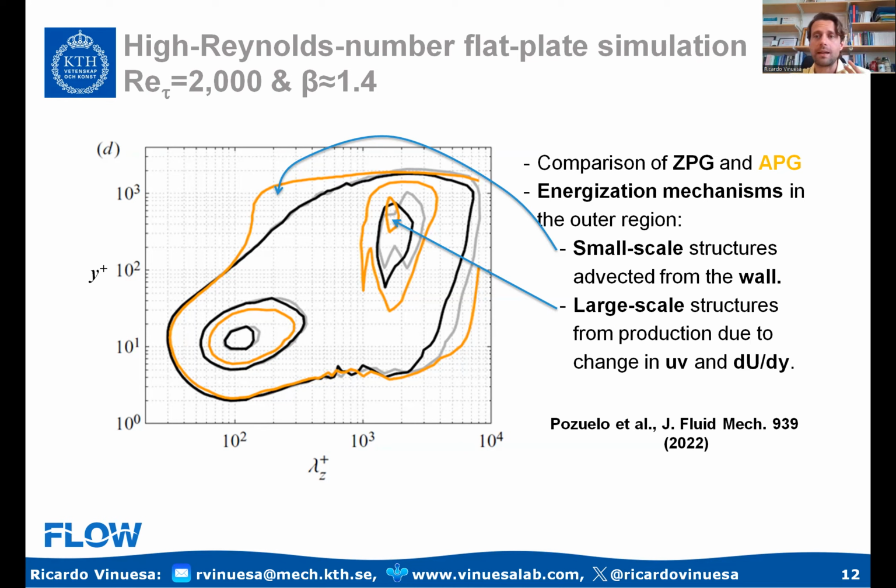So APGs are fundamentally different from ZPGs, at least in this Reynolds number range. We know also that at higher Reynolds numbers, the APG effects are less intense. So there is a certain exploration to be done with a higher Reynolds number regime, but at the moment, this is everything we know, basically.